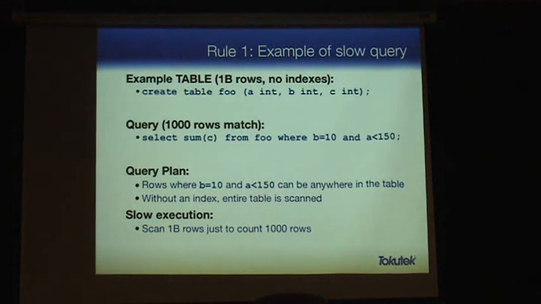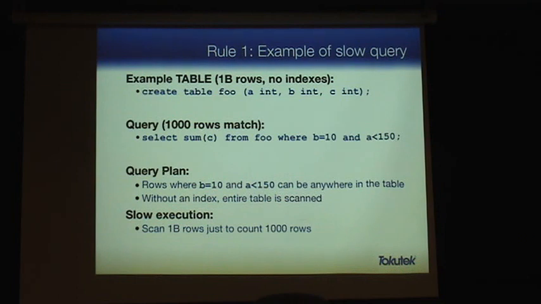Let's start with a sample table that we have here. And you notice we don't have any indexes defined. It just has 3 columns, A, B, and C. And a query that you care about that matches 1,000 rows of the table: select sum B from foo where B is equal to 10 and A is less than 150. The query plan, if you don't have any indexes, is that it's going to scan the entire table.